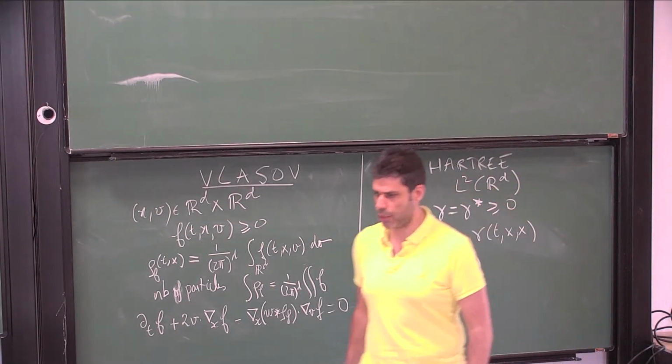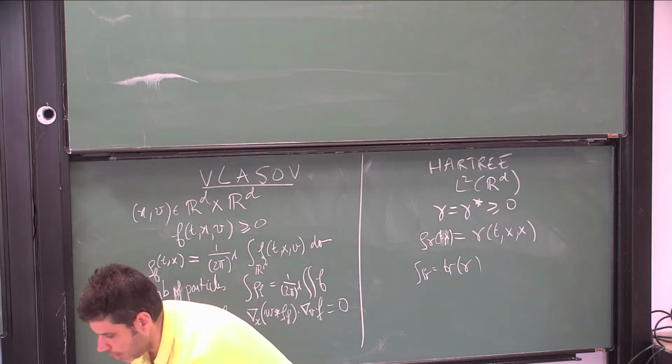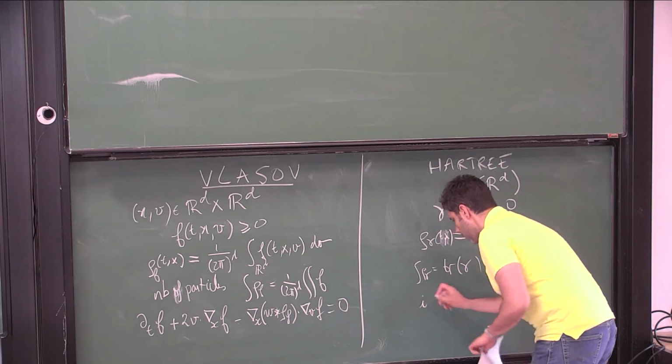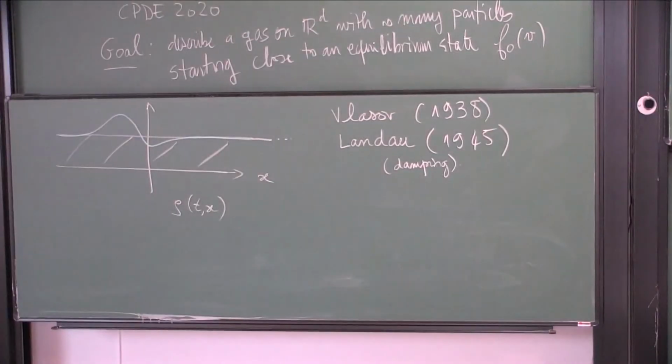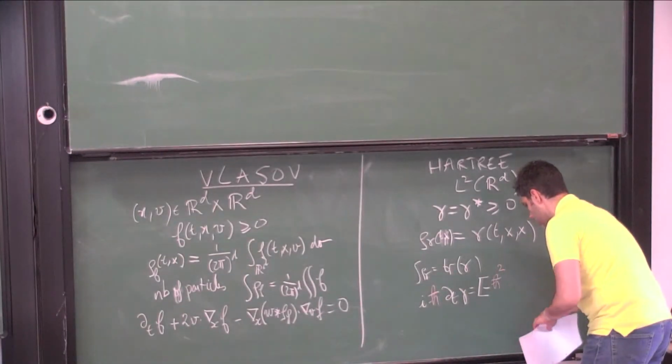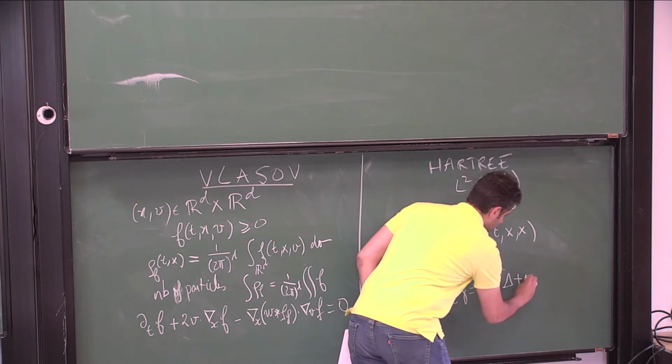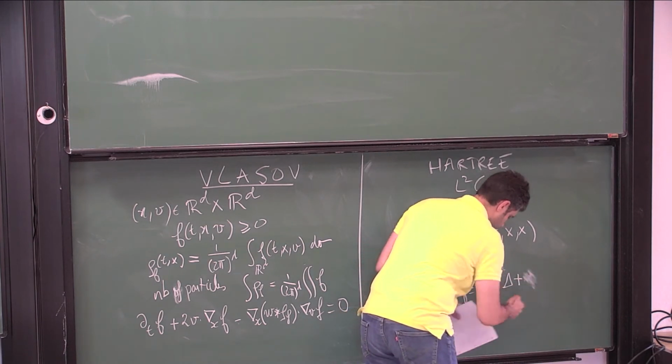On the quantum side, let me write the Hartree equation. There will be lots of h bar because I will soon take a semi-classical limit. If you don't like h bar, you can just discard this now. So it will be i h bar d_t gamma, which is equal to the commutator between minus h bar squared Laplace plus, oh sorry, I will put another h bar.